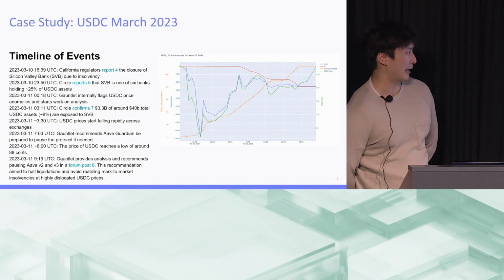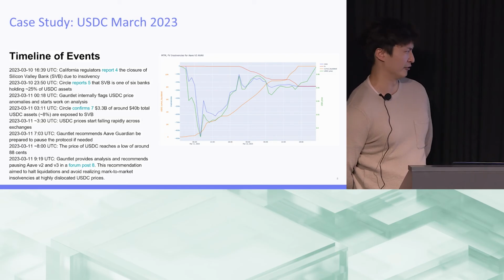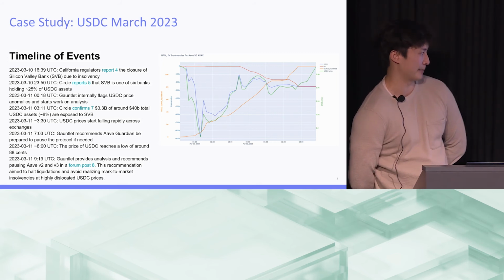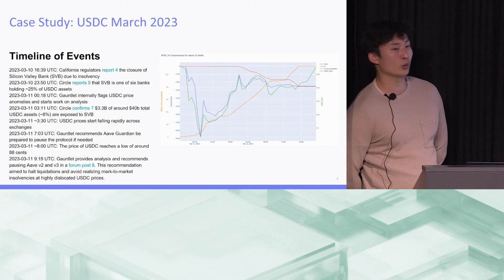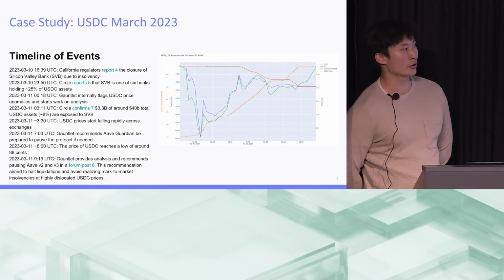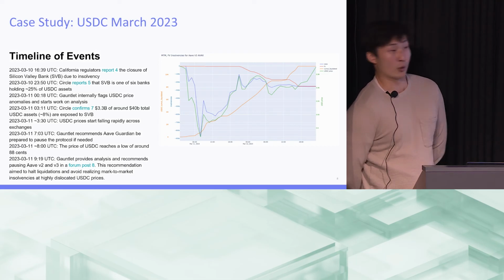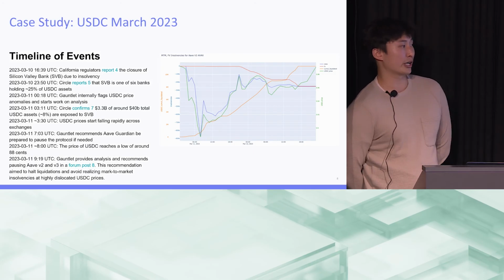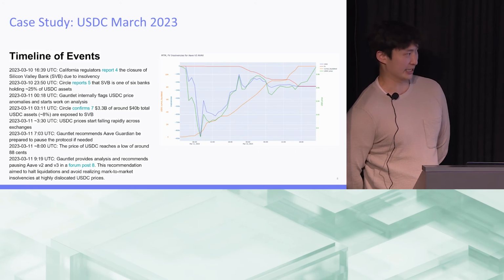Shortly afterwards, Circle confirmed the holdings of various USDC assets at Silicon Valley Bank. One of the actions we took during this scenario was understanding what levers existed and how those levers could be used to mitigate risk on the protocol. One action we took was suggesting pausing the protocol, which would prevent liquidations under various conditions.